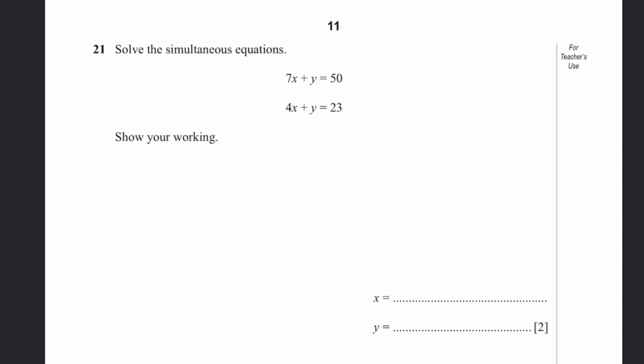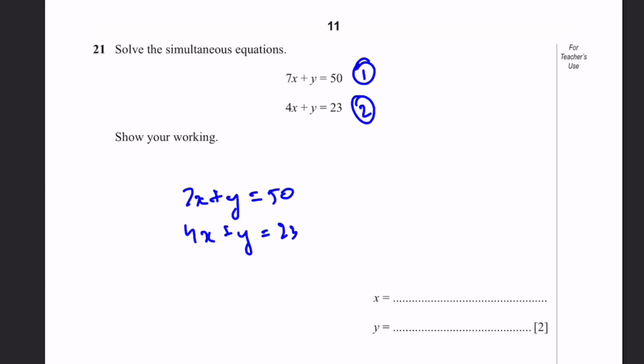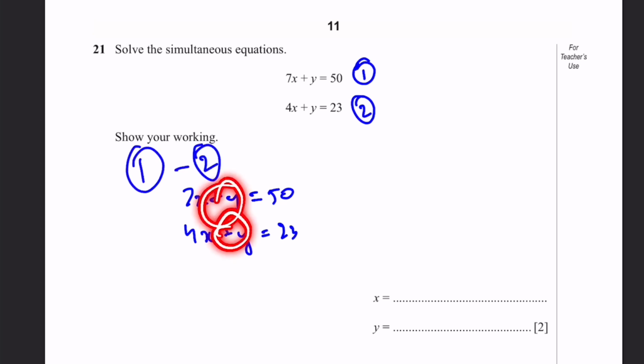Question 21, solve the simultaneous equations, show your working. 7x plus y equals 50, 4x plus y equals 23. There's 1 and there's 2. So we're going to subtract them because the y's are both positive.